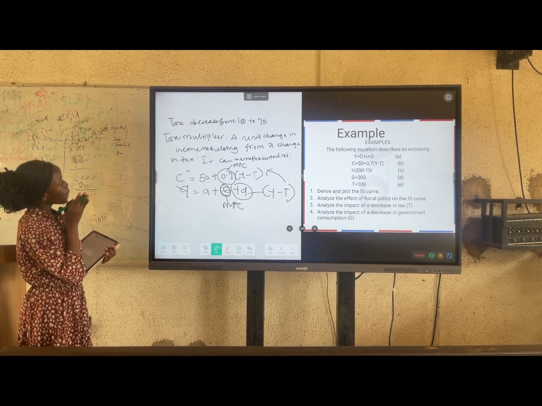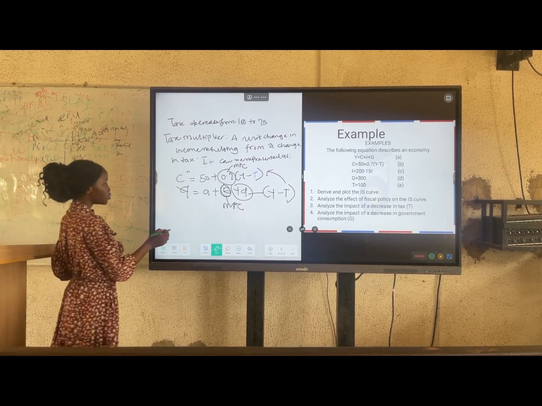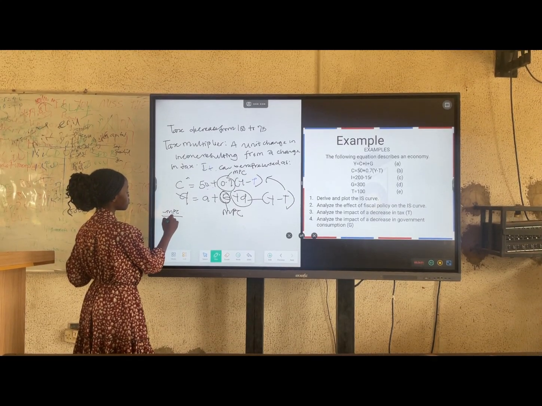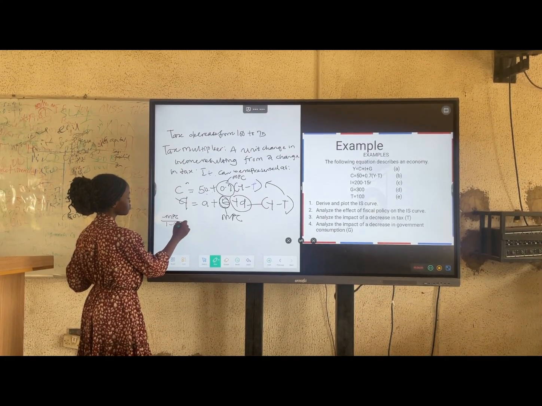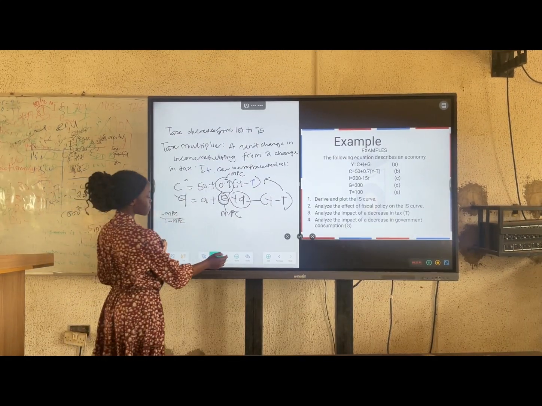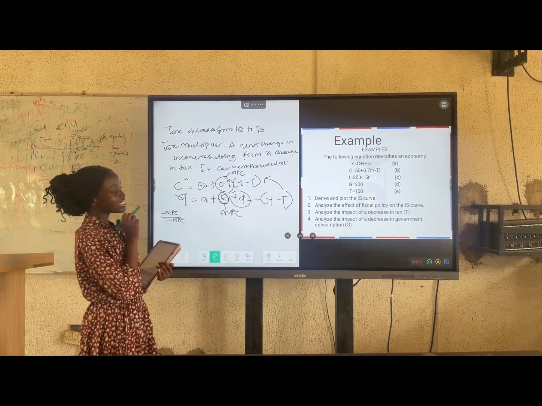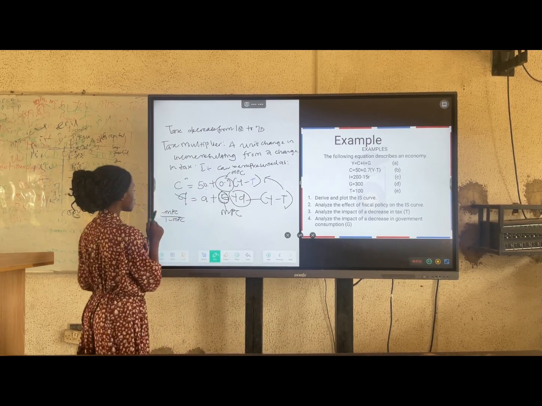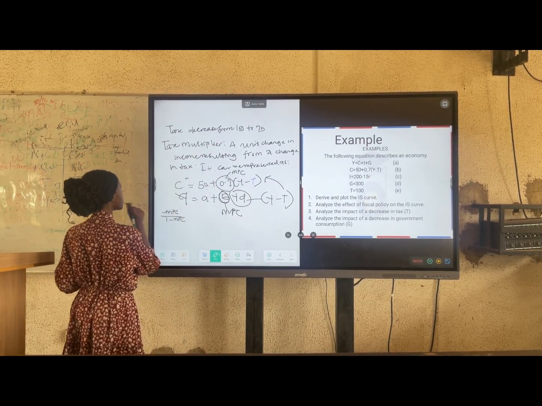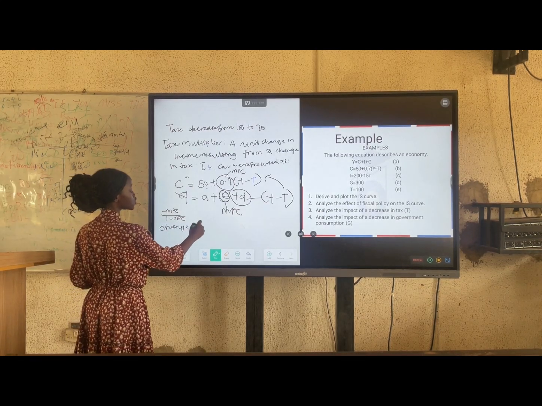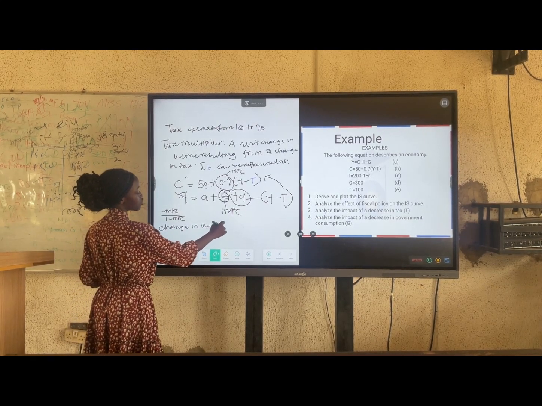To calculate the tax multiplier, which is minus MPC over 1 minus MPC. Okay, so the question says we should analyze the impact of a decrease in tax on output. So here we're just looking at change in output, which we can also call income.